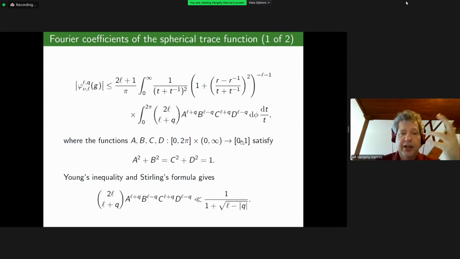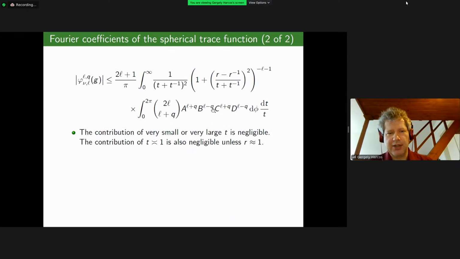And then from Young's inequality, very carefully examined, and Stirling's formula, we already see that the integrand inside is of size 1 over something. But of course, depending on Q, this something can be as large as 1. And in the best case, it is 1 over square root L, which is still very far from sufficient for us. Essentially, we want an upper bound of 1. And then we examine when we can improve these bounds.